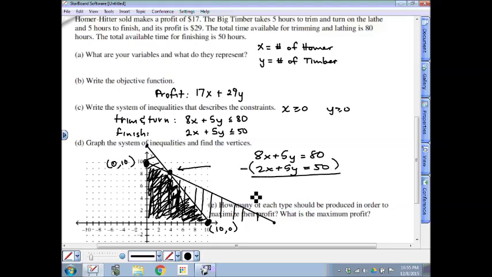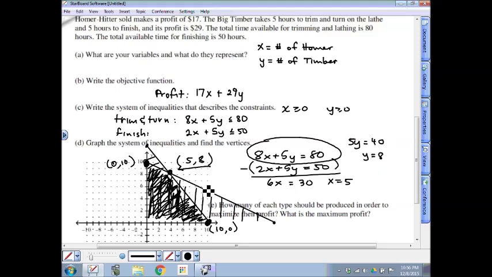So if we multiply it here by negative, we're going to get 6x, the y's are gone. 80 minus 50 is 30, so x equals 5, so we know it's 5 something. If you choose one of these, I'm going to choose the top one here. If x is equal to 5, 8 times 5 is 40. If you take 40 away from 80, you get 5y equals 40. Divide by 5 means that y is equal to 8. So that's the point (5, 8).